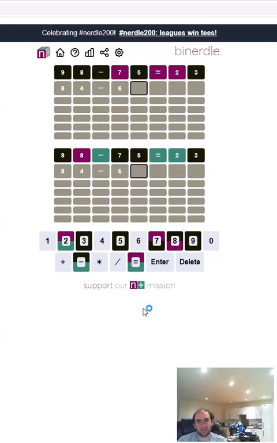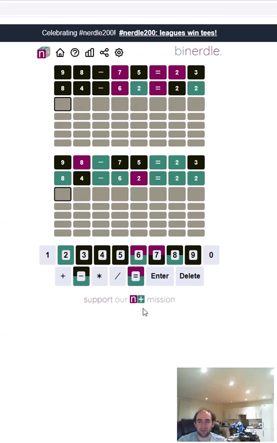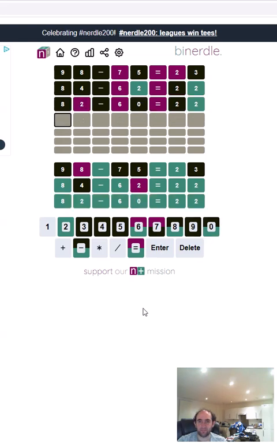About 84 minus 62, that gives us 22, doesn't it? So let's see what that gives us. Okay, it gives us quite a lot, so it's going to have to be 82 minus 60 equals 22.